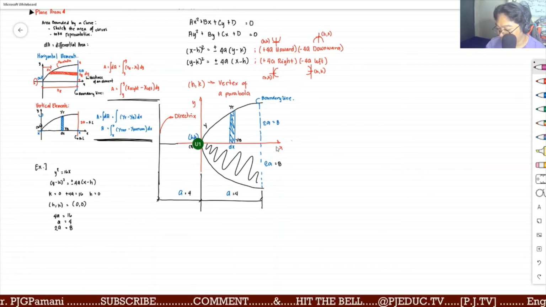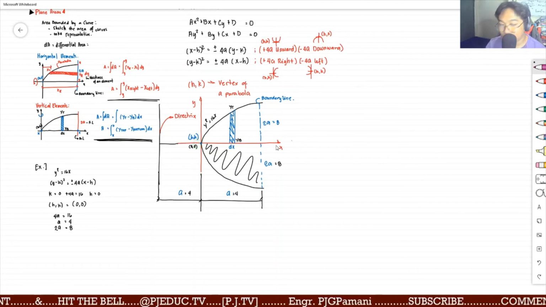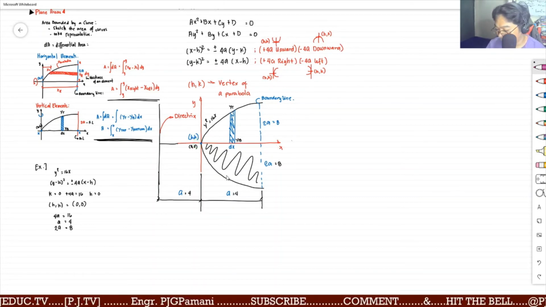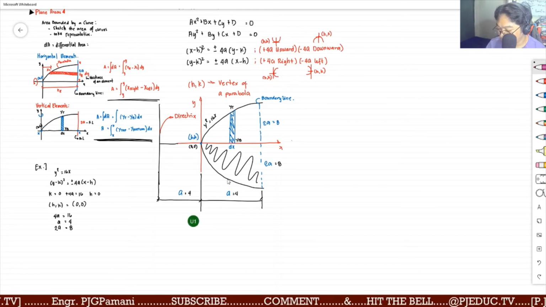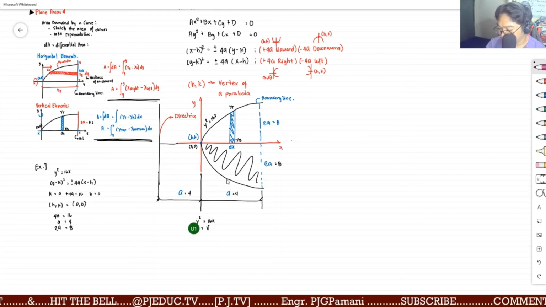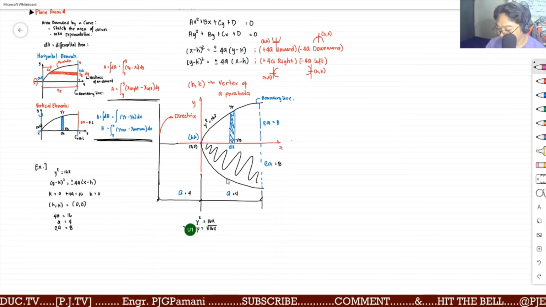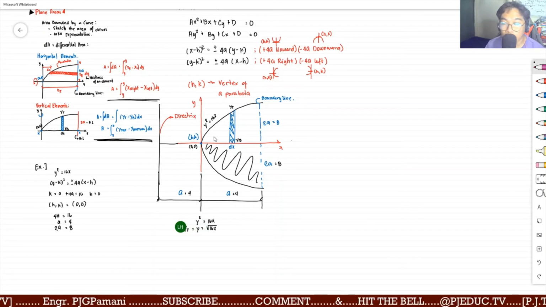Remember that your curve is y squared equal to 16x. We need to represent that equation in terms of variable x. That is y squared equal to 16x, or y equal to the square root of 16x. That is also a part of our vertical strip, y top.